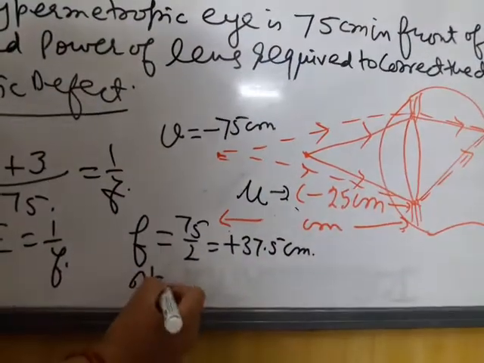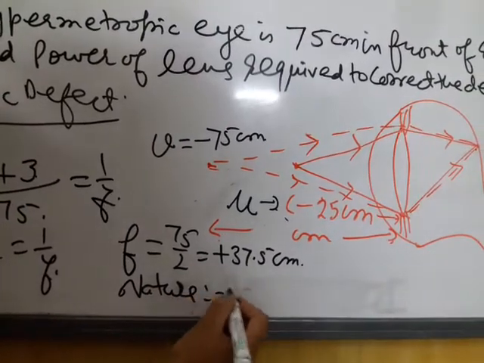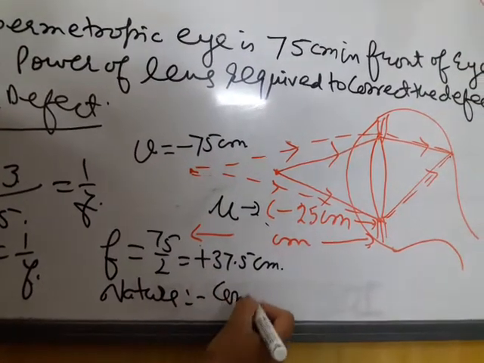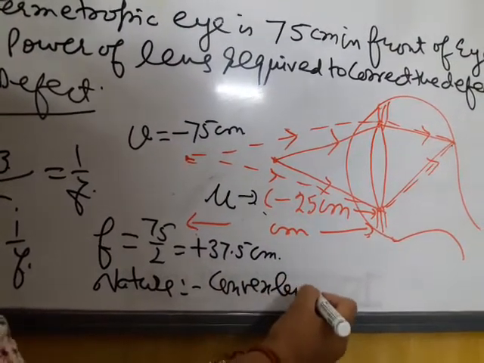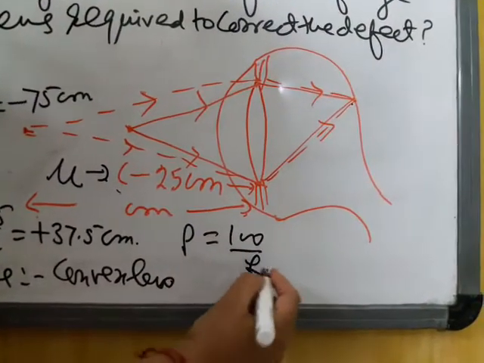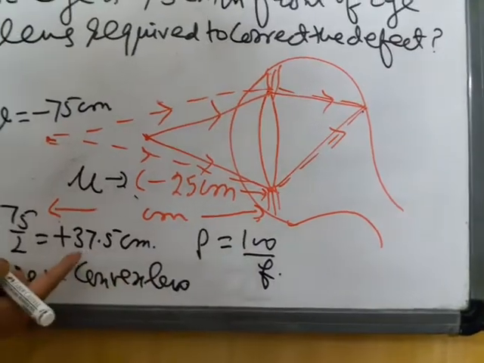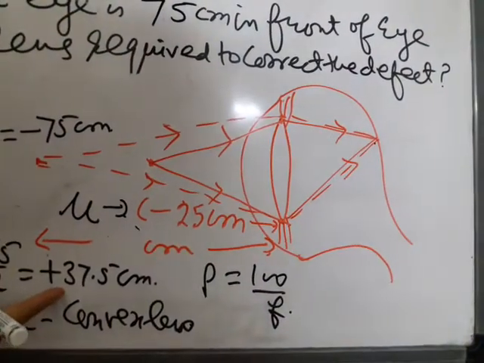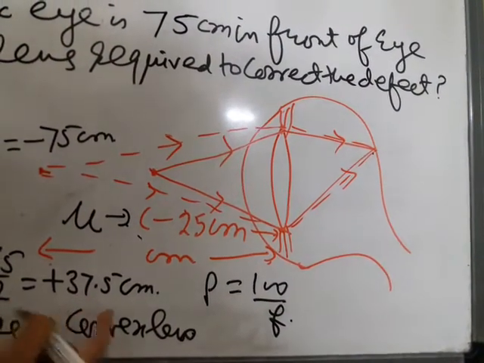And what will be the nature? The nature of the lens used will be convex lens. And let's find out the power. Power is 100 by f. I am using the formula 100 by f because the focal length is in centimeter.